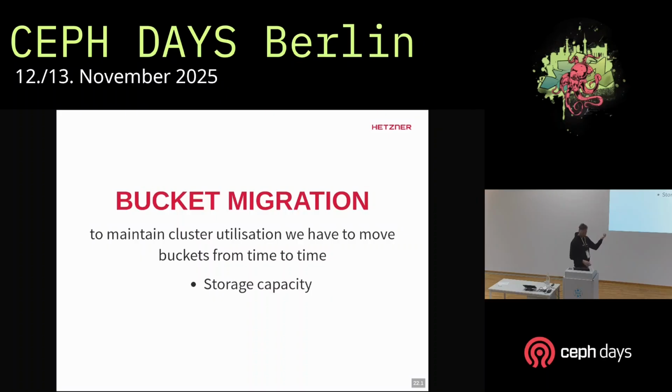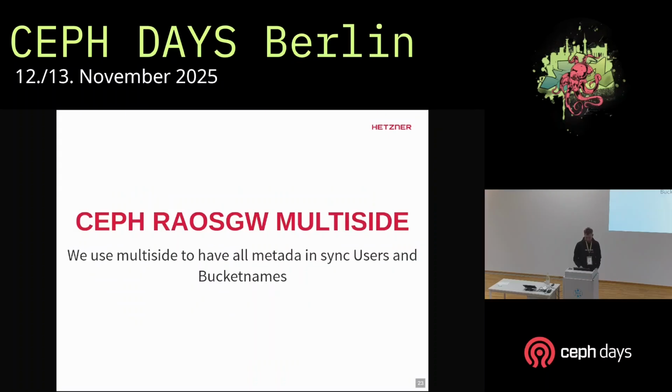That's especially true if we run out of capacity on one cluster, or if we have noisy neighbors that do crazy stuff, and we want to balance the utilization of the clusters from an I/O perspective as well. So for that approach, we use multi-site.